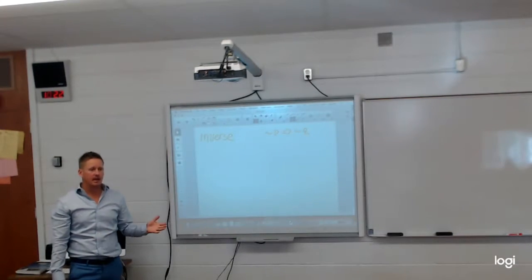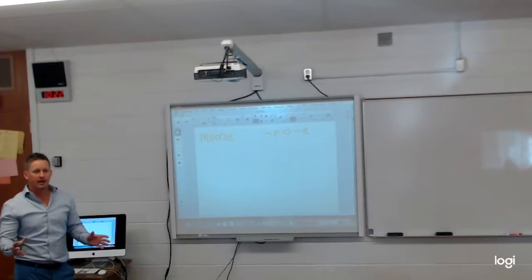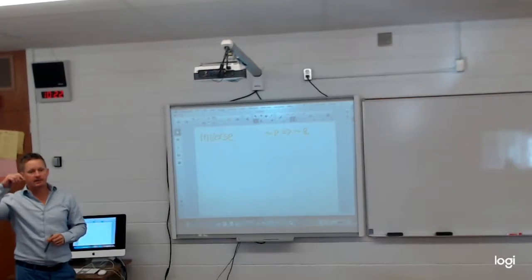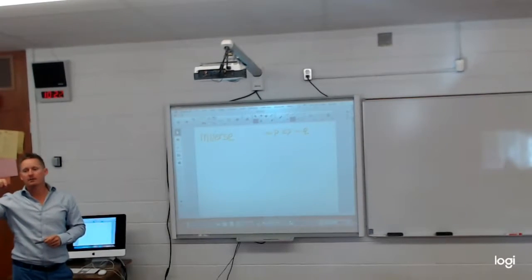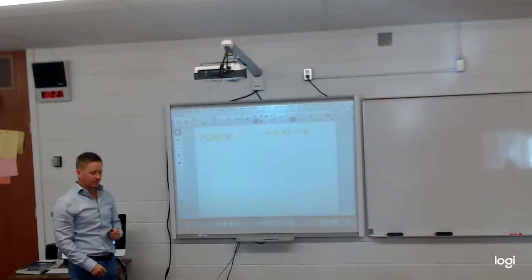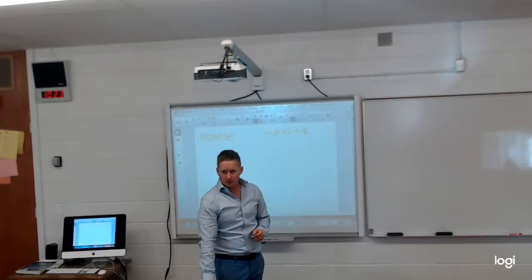I'll use a better example that will not break down. But for right now, understand that the squiggly line means not. It's the negative. It's the inverse. Not P implies not Q. If it's not P, it'll always be not Q. We'll discuss this in a second. Oh my goodness gracious, it's so simple, it's hard.